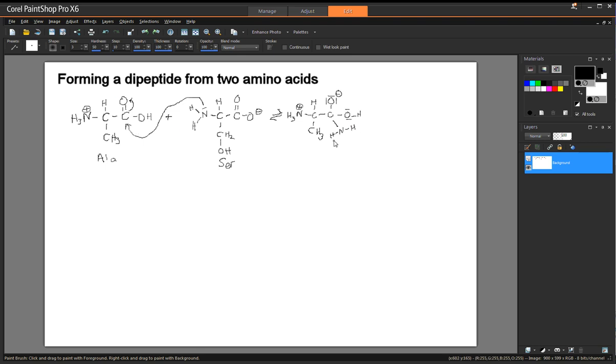Okay, so that's the new bond formed there, and we still have our serine side chain, which is unchanged, side chain independent chemistry, and then we have our carboxylate group on the serine residue, and I'm just going to shortcut that with the COO minus. Now if we look at this amino nitrogen, we've got 1, 2, 3, 4 bonds there, so this is going to be positively charged. Okay, and so this should all look very, very familiar to you by now.